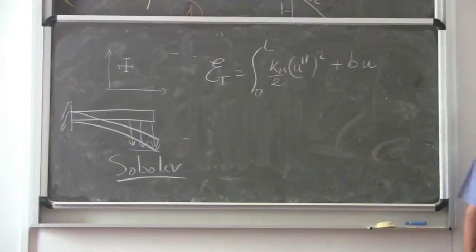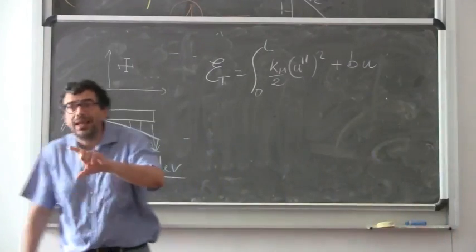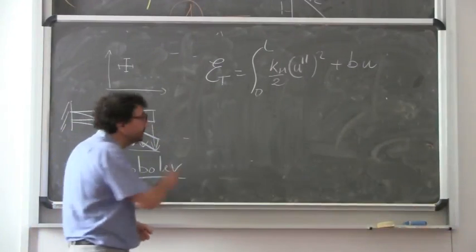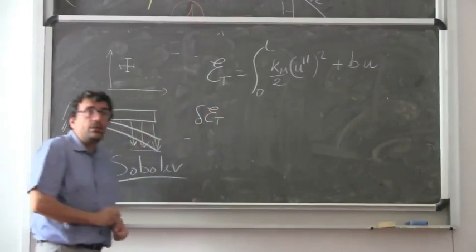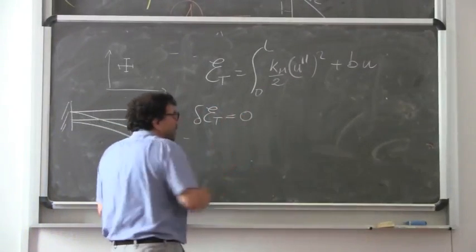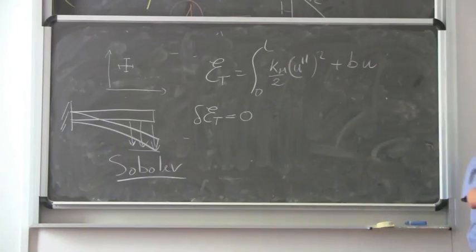What we did, following Lagrange and Euler, we estimated the first variation of this quantity. We assumed that this first variation is 0.